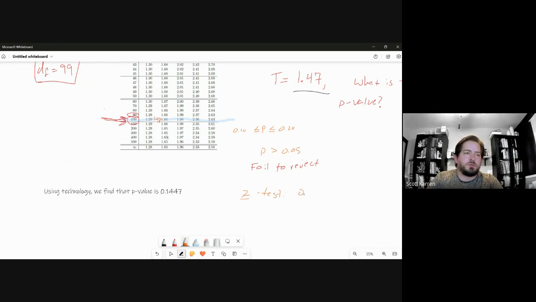I can't remember where it is. I have 8,000 windows open. Oh, there it is. We got 0.14156.